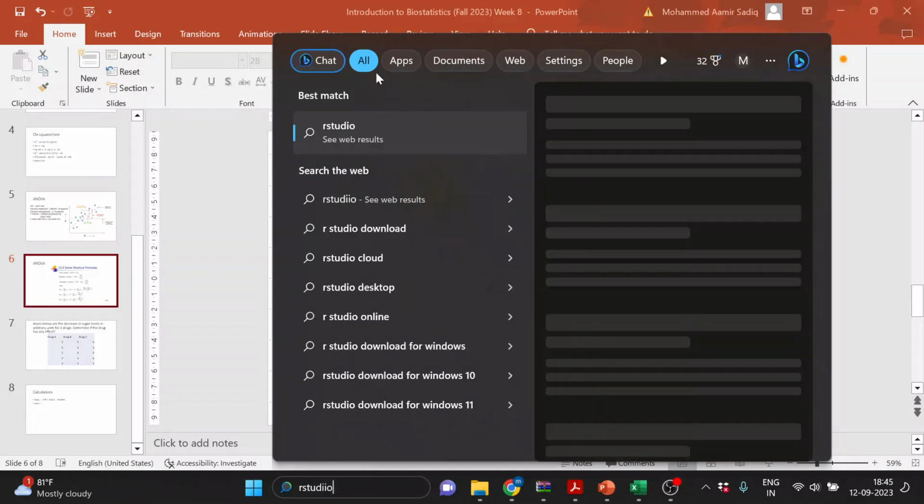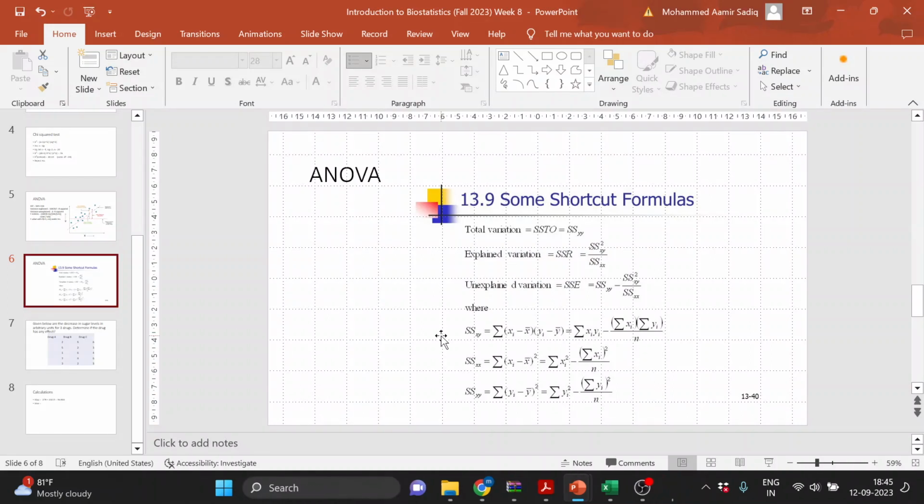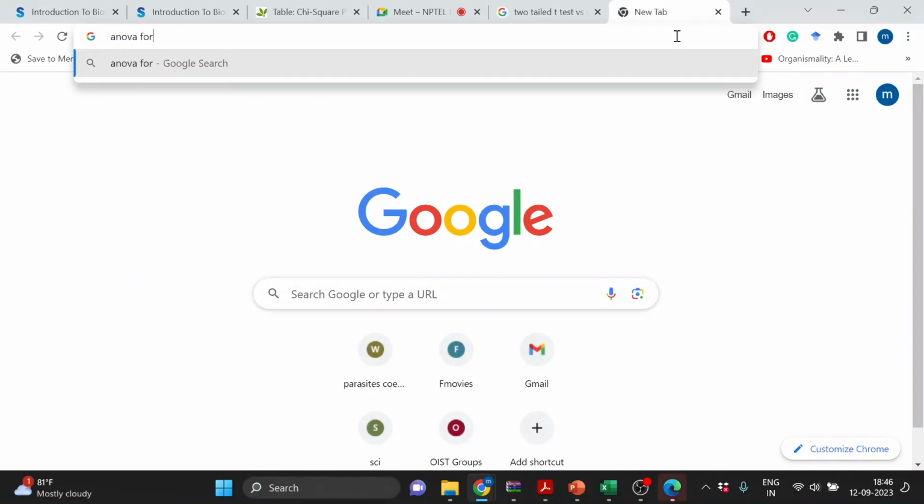Do you see the problem here that has happened? I cannot calculate my Sx, or maybe we'll just try and do that. ANOVA for categorical. How do I calculate Sx?